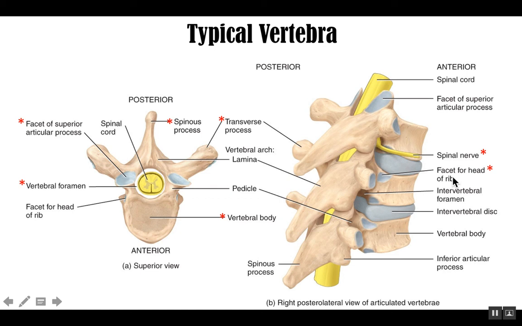And when we get to ribs, we'll learn that ribs actually have a couple areas on them that make contact with vertebrae. They make contact at their head, as well as they make contact with a little structure called the tubercle of the rib.